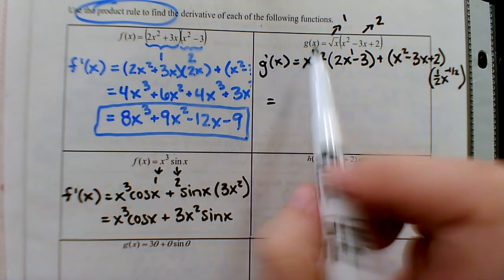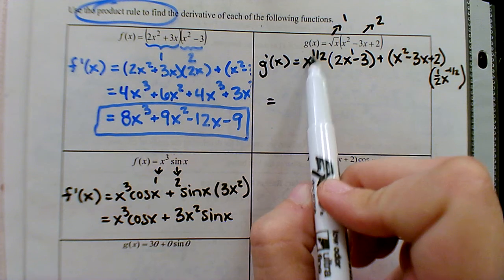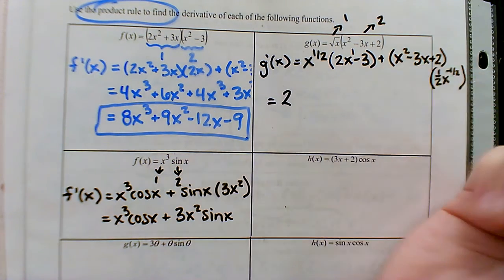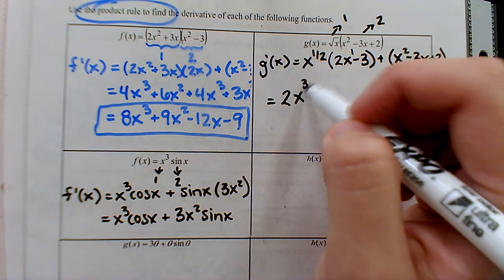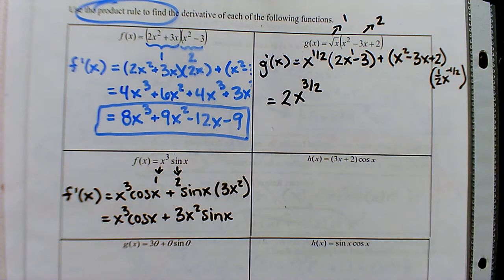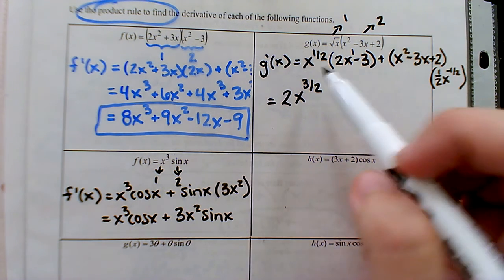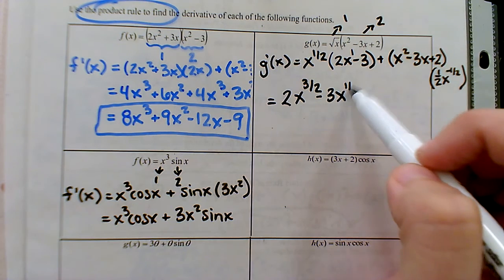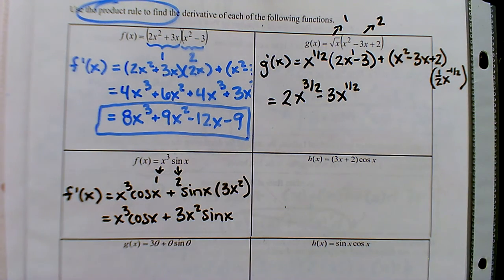So when we distribute this in, we're going to need an x to the 1/2 times an x to the first. So we're going to add those powers. 1 plus a half is 1.5, but as a fraction, we'll say that's 3/2. And when we distribute in x to the 1/2 into the -3, that's just going to be -3x to the 1/2. That one's pretty simple.